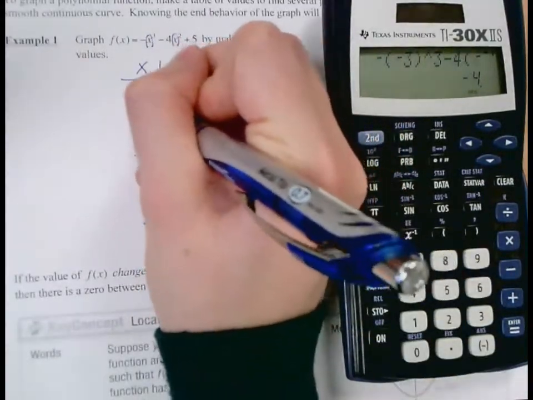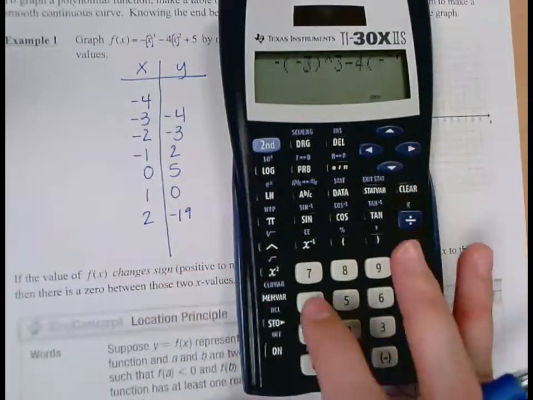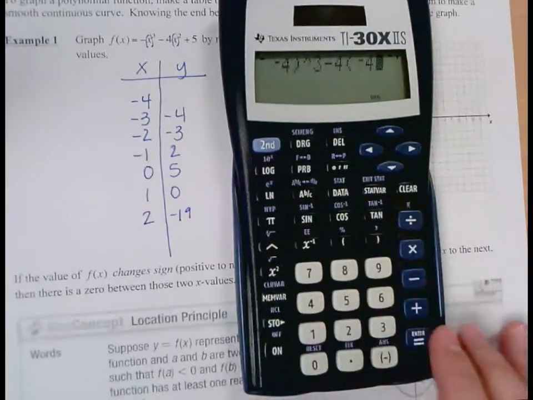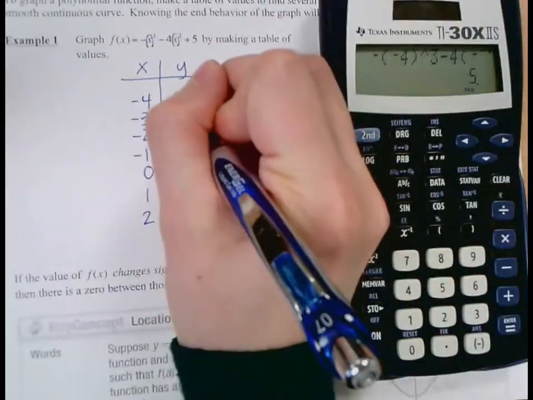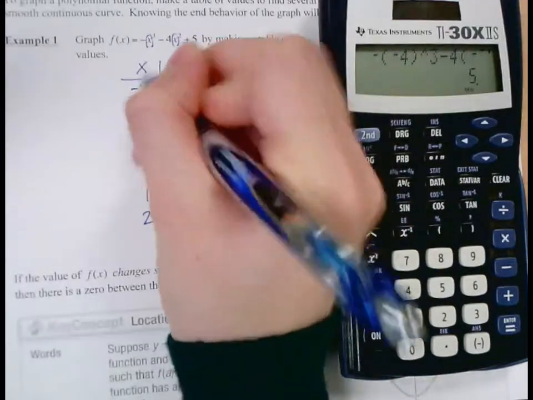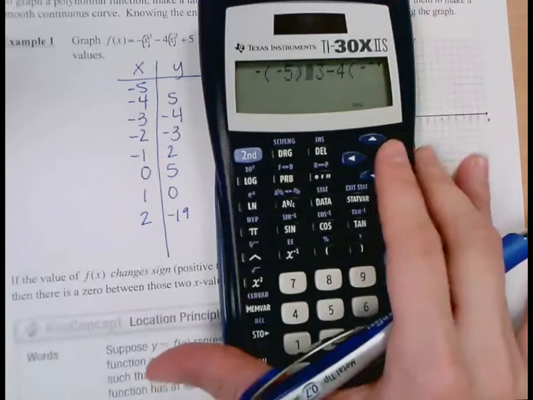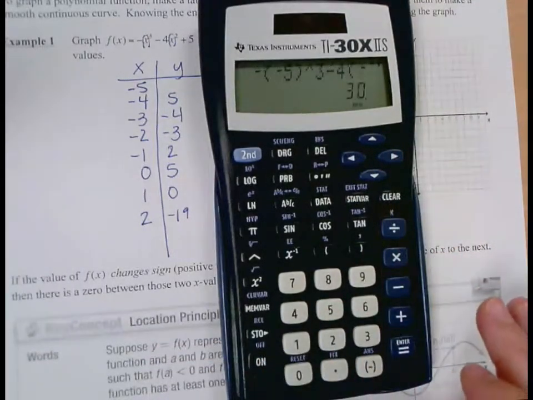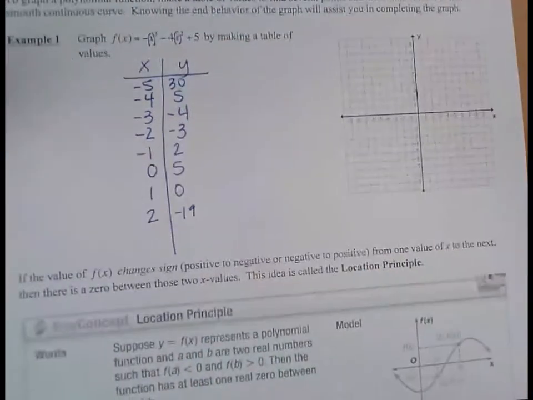That still fits, so I keep going, plug in negative 4. So this is where I'm saying you don't know until you're actually doing this how many points you have to plug in. When I plug in negative 4, the y value is 5. Plug in negative 5. And the y value is 30. Okay, so I'm off the graph, so I can stop.